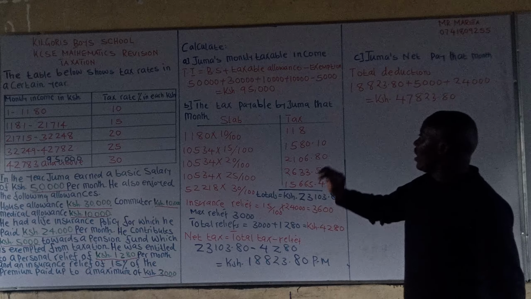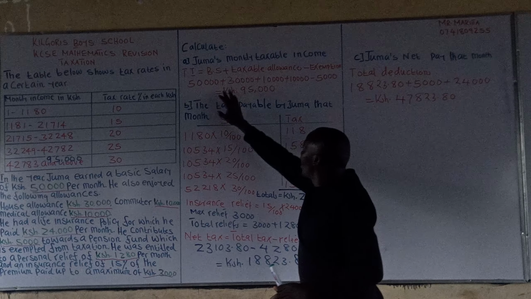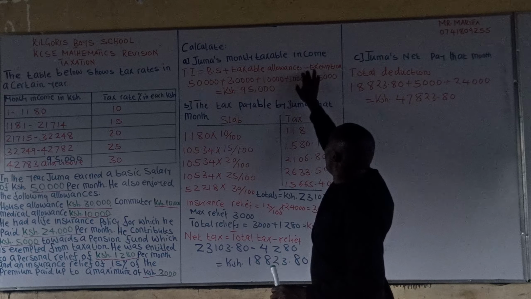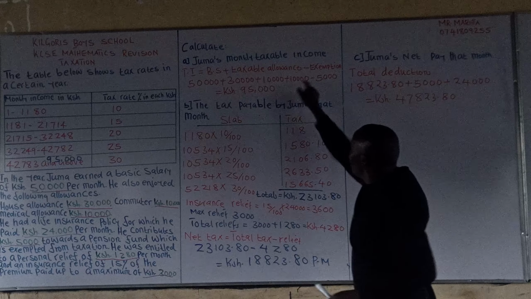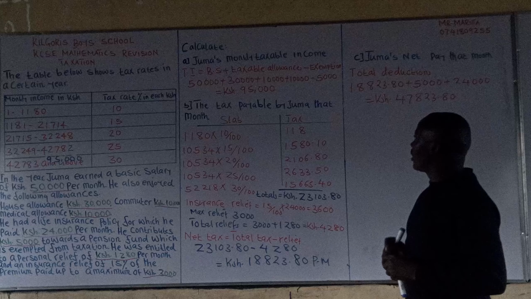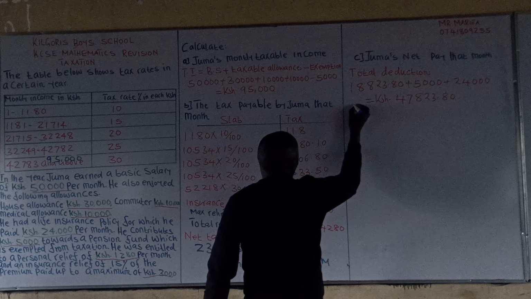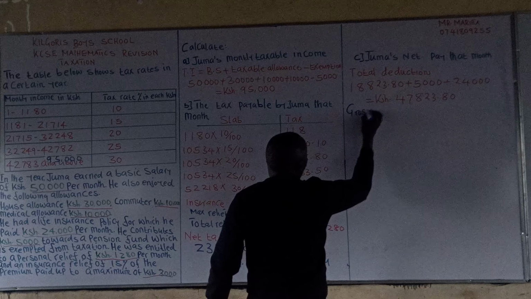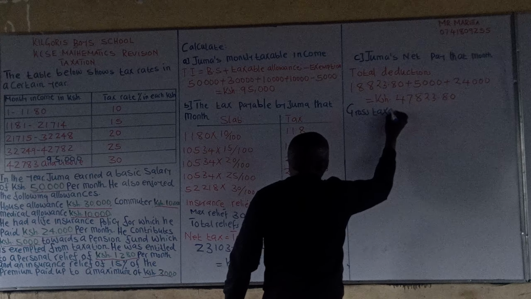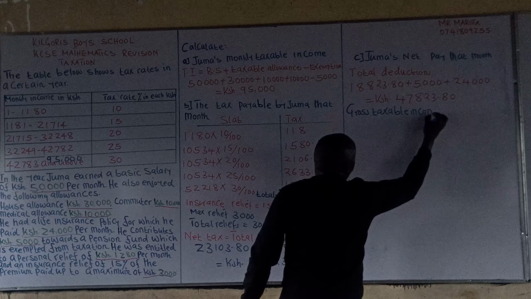Now, if you need the net pay, we have the basic salary. The taxable income, all the money which is being taxed, is the basic salary plus the taxable allowances, minus exemption. But in this case here, we need to get the gross taxable income of Mr. Chuma.